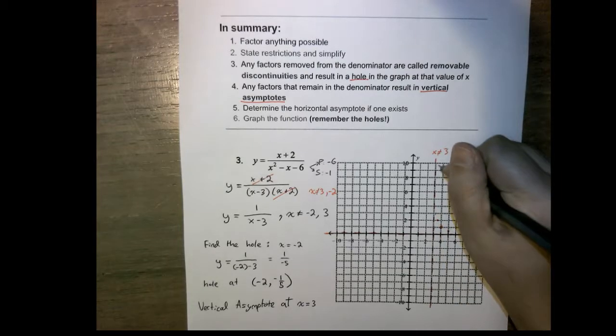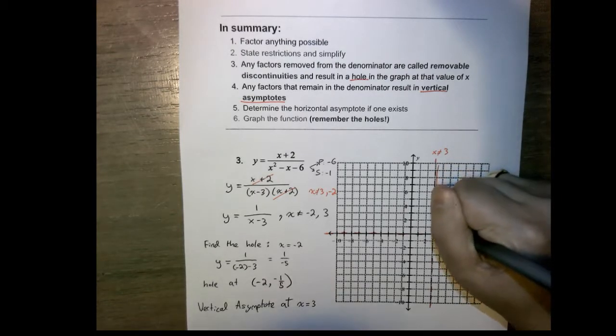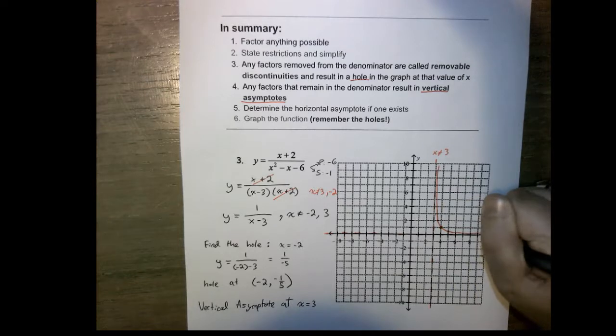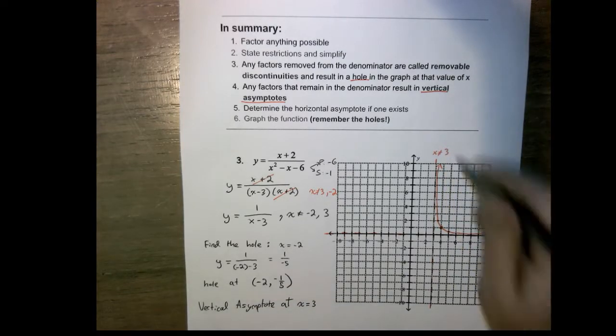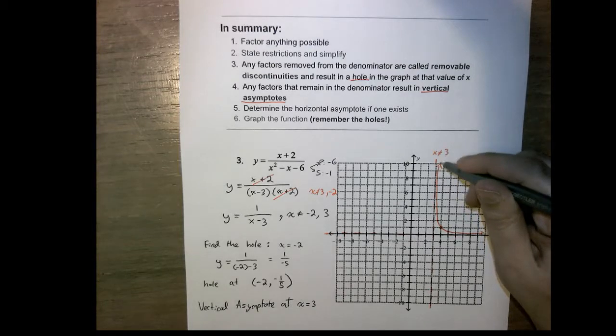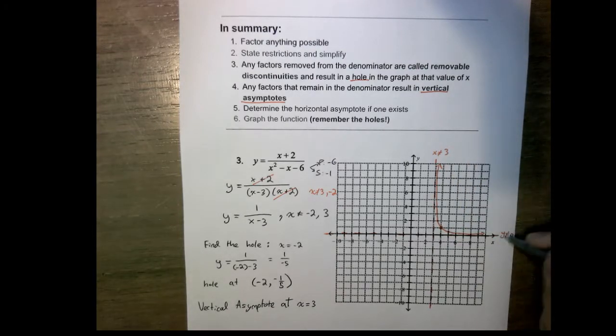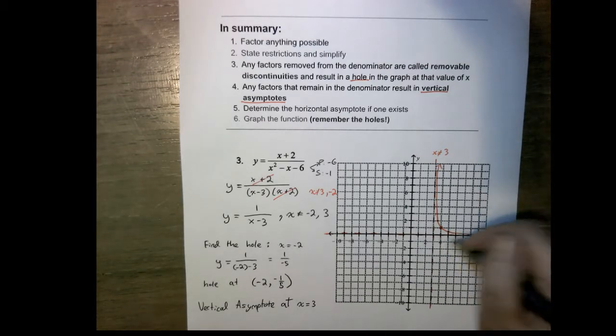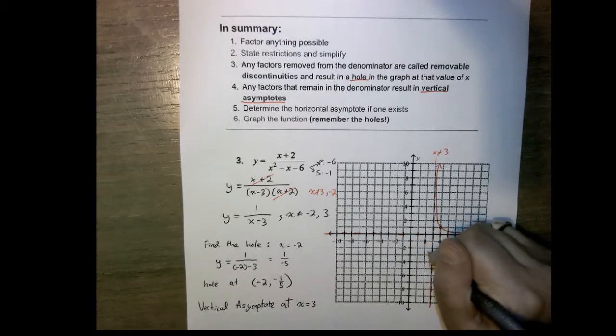So I have this plot over here where it's approaching an x value of 3 but never quite reaches it. And here it's approaching a y value of 0 but never quite reaches it. And then I have the same thing over on the other side.